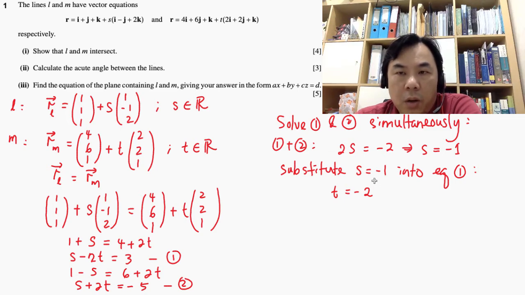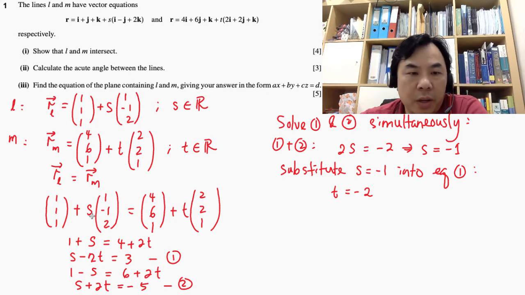Now, of course, you should not be satisfied at this point, having the impression that they are actually intersecting. We still need to verify the last row here.